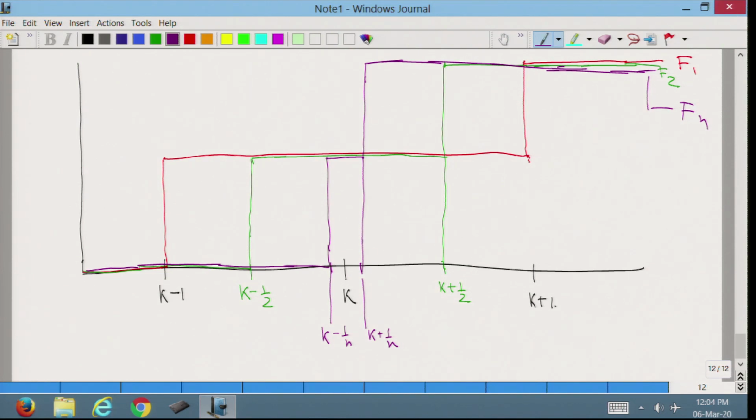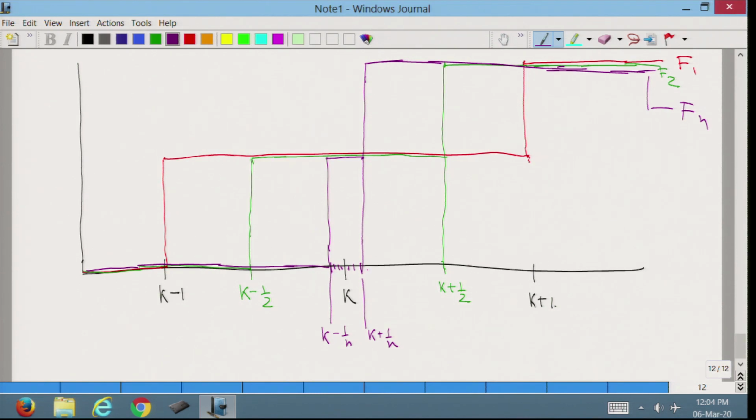Therefore, what is happening? We can understand that as n increases, we are getting smaller and smaller intervals around k where the actual jump is occurring.